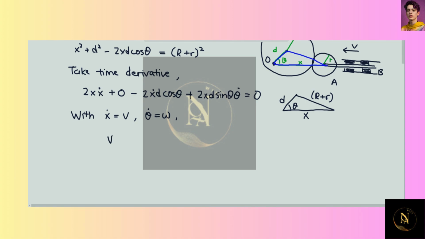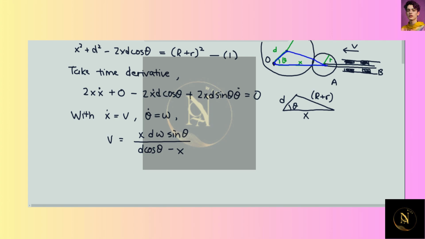So we have v equals x d omega sine theta divided by d cosine theta minus x. Here we will need to replace x. I'm going to call this equation 1.